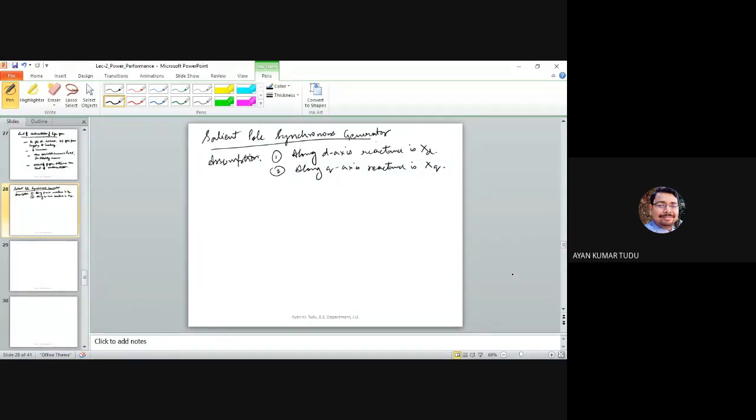Okay, so where were we? We are talking about our salient pole synchronous generator. The assumption is, since we saw that it has projected poles, it has different air gaps, and since it has different air gaps, there will be different reactances.